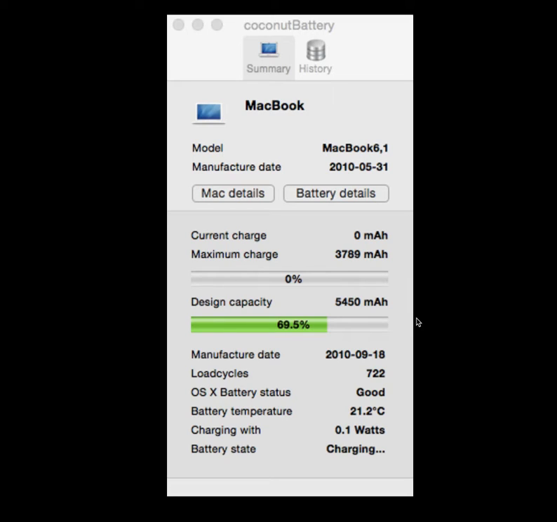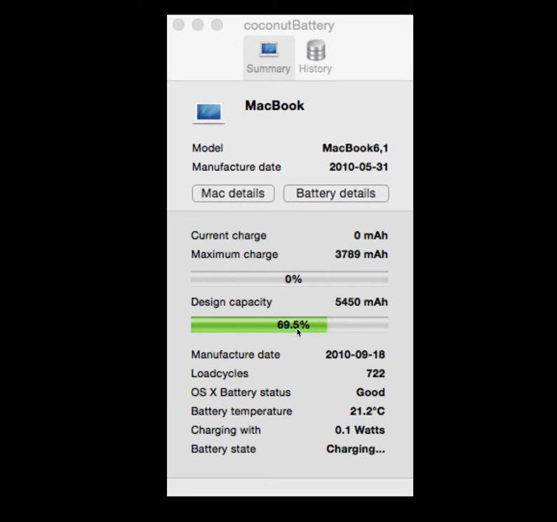This is pretty similar. This battery actually has 700 load cycles. That's not great. I don't want to completely judge a battery by that load cycle number. If the other statistics are good, you might very well have a pretty good battery. So 70% of original capacity: if I sell a computer, I generally want it to have 75 to 100% of original capacity.